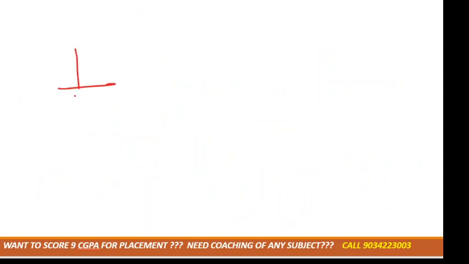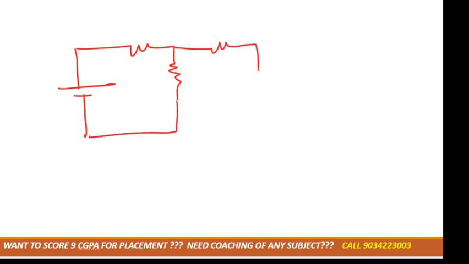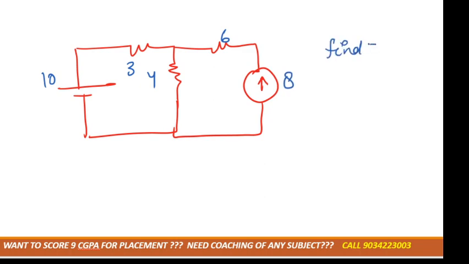I am taking one simple example to explain how we can solve it using the superposition theorem. How many sources are available in this question? Two sources. One is a voltage source, another is a current source.